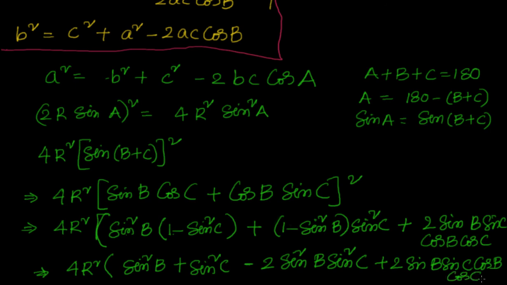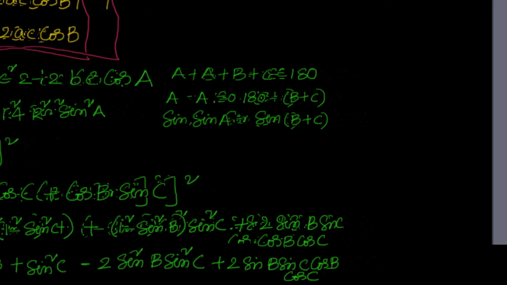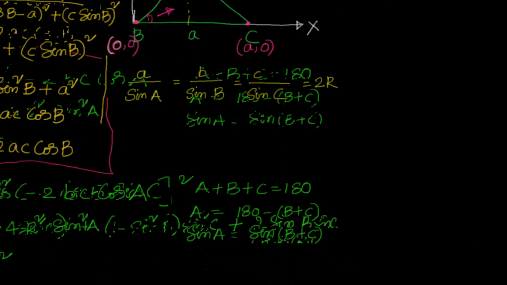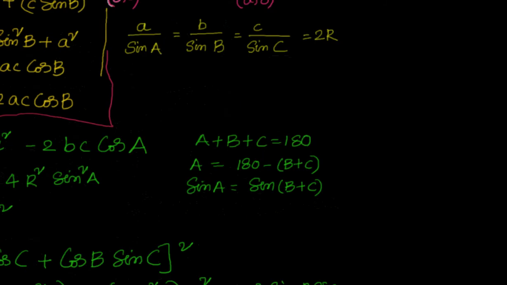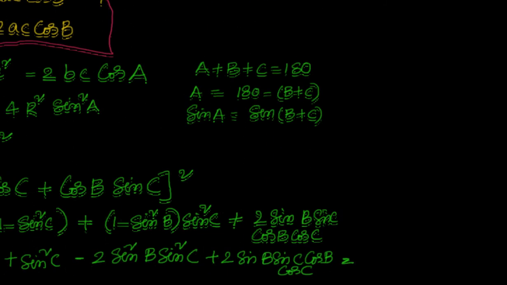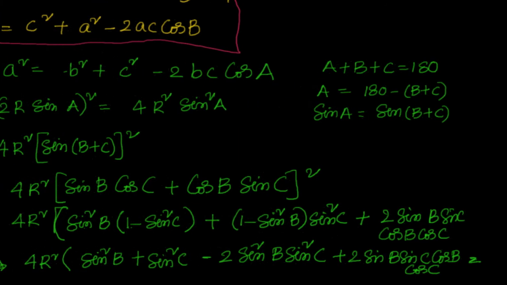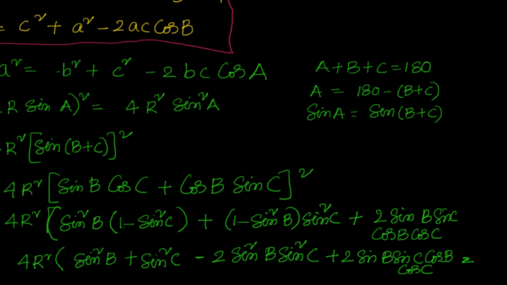Now we'll take one more step so that we will get there. Now what is that we are having? 4r square sin square b sin square c.